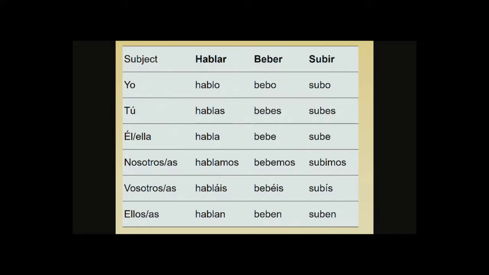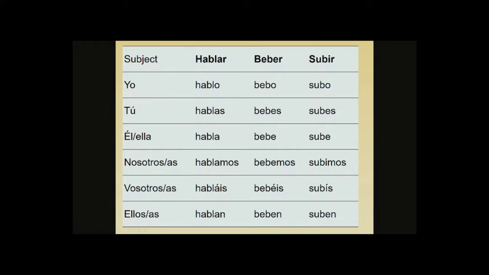There's no diphthong in the ending in the IR conjugation. On the other hand, beber, bebéis. So habláis, bebéis, and subís. So, make sure that you know these without even having to think about them.